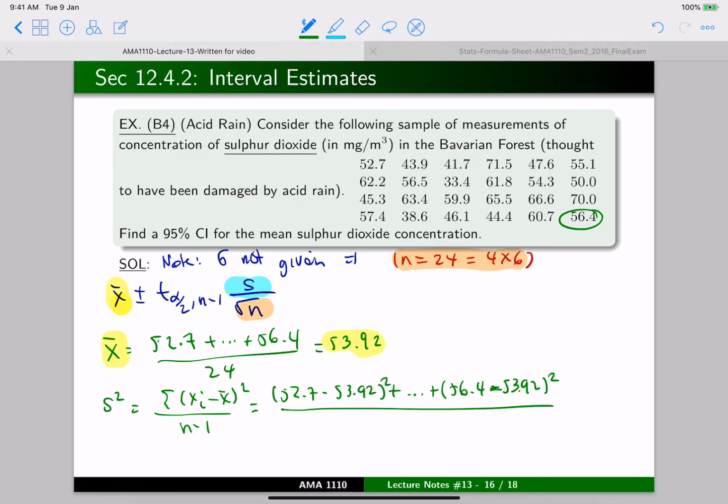And then you divide by n minus 1, in this case 24 minus 1. Then what you get is 101.48. So the sample standard deviation is the square root of the sample variance, which is the square root of 101.48, which will be just 10.07. Okay, so this is our s here.